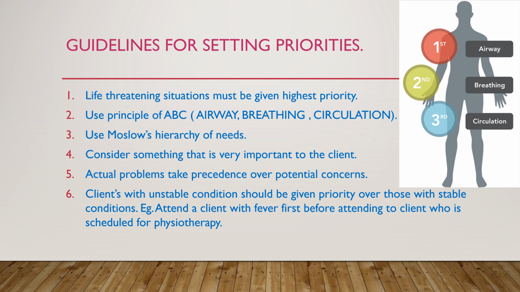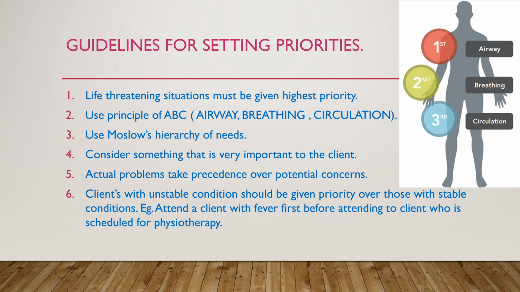In that case, the first priority will be clearance of the airway, either by suctioning or by removing the foreign body, or by doing a tracheostomy, whatever measure is required for the patient. The main thing is to clear the airway first, so that breathing is enhanced, and then check the circulation.